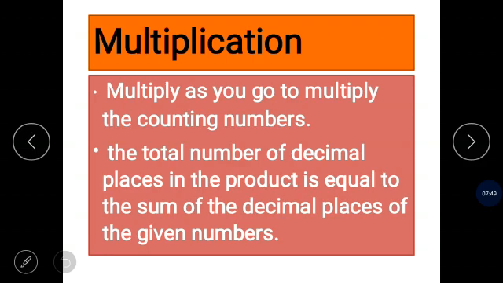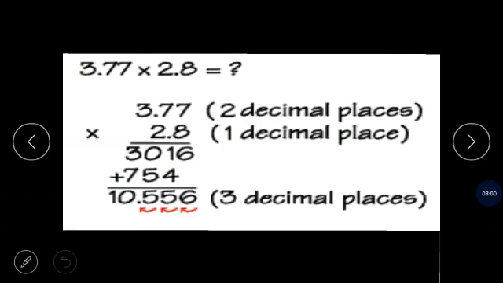In multiplication, as you do the operation with simple numbers, in the same way you have to do it here also. So let's see the example. Here, 3.77 should be multiplied with 2.8. Now see what you have to do.